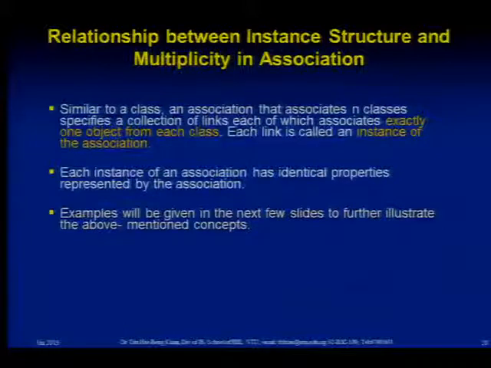And when you define an association to specify a type of interaction, then each individual interaction will be an instance of the association. We can call each such individual interaction a link, L-I-N-K.